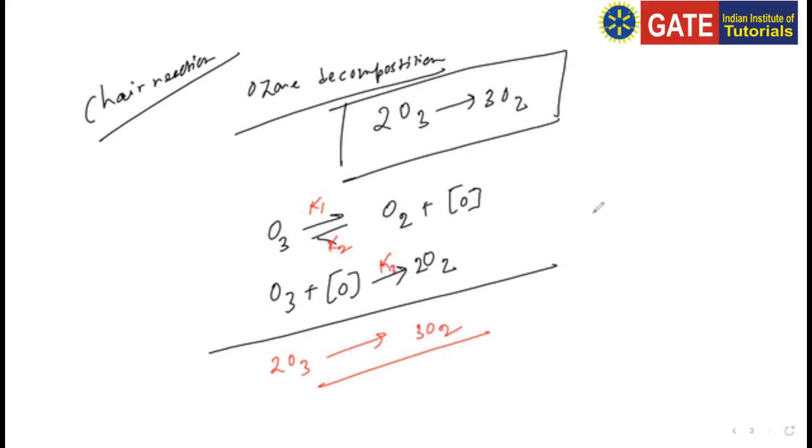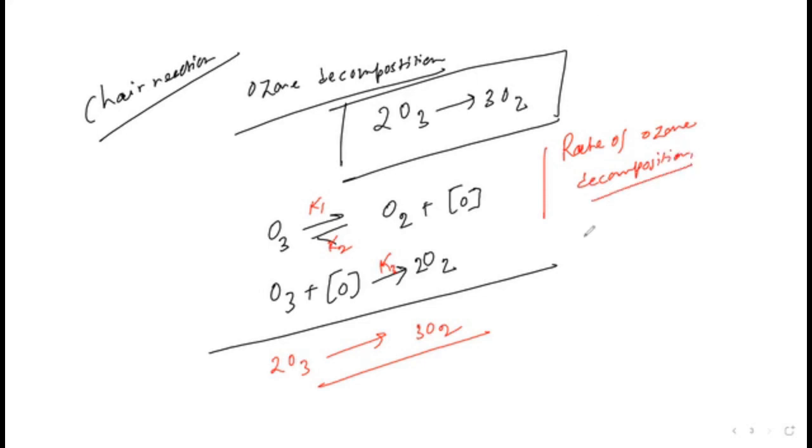If you put the steady state approximation and do a lot of calculation, you will get the rate of ozone decomposition, d of O3 divided by dt.